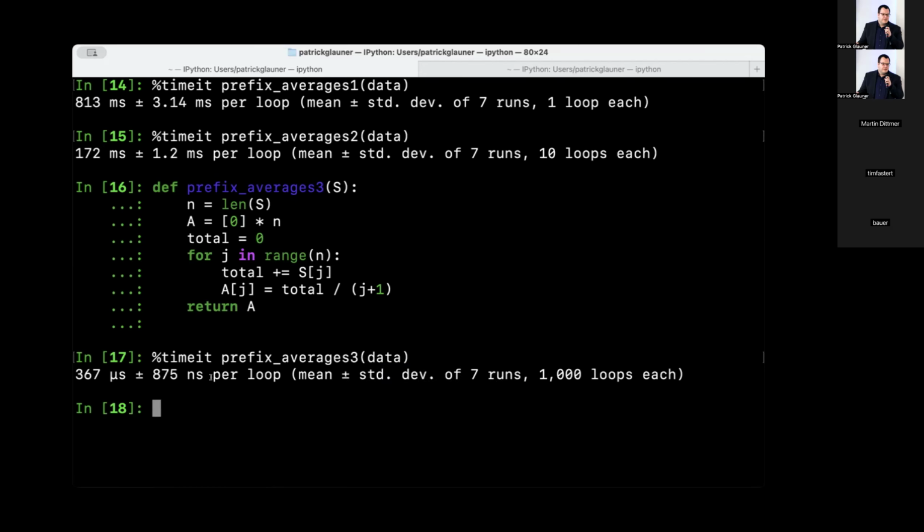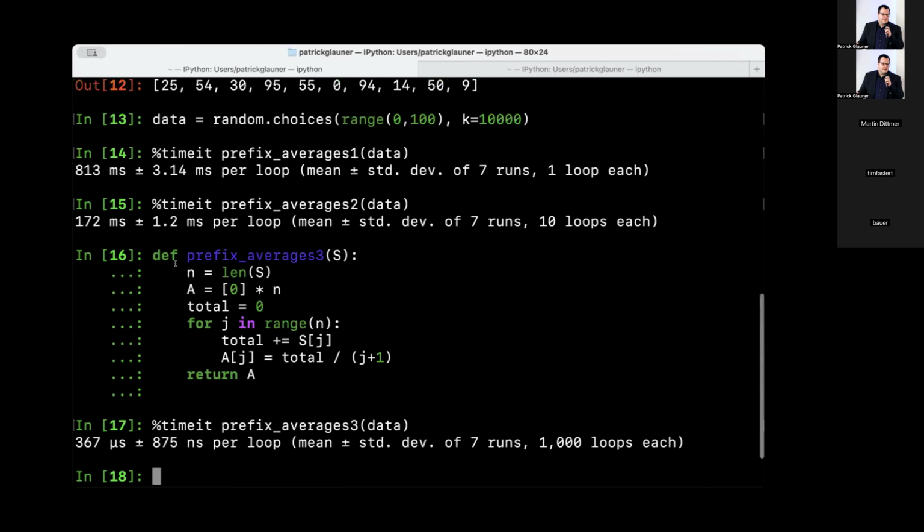So it's 367 microseconds, which is obviously much better than 10 to 20, because these were milliseconds. I was also curious to see what the output would be. I also didn't think about it properly, but far under 1 millisecond.